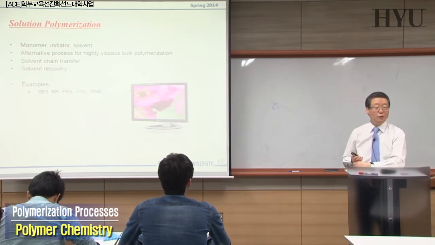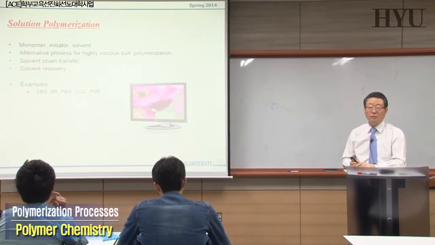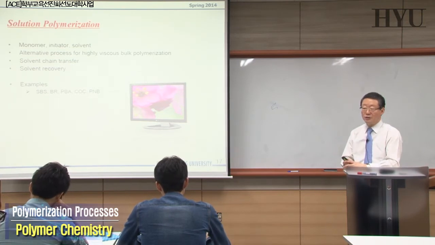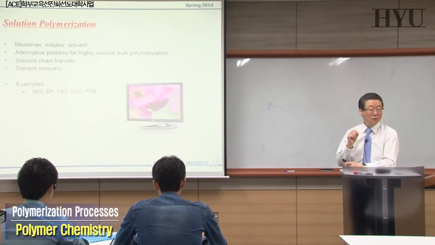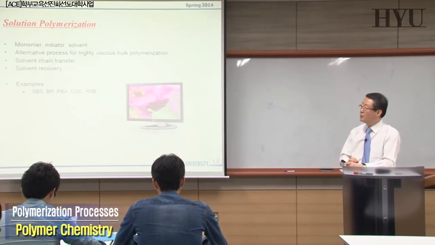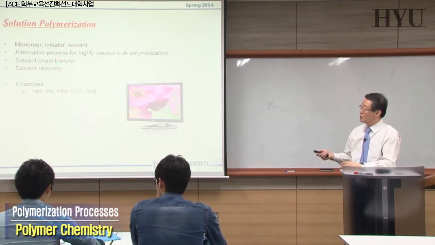But one of the issues is chain transfer to solvent, okay? Chain transfer to solvent. As you already know from the chain transfer section, there are many possibilities of chain transfer during chain growth polymerization reactions. Therefore, you have to be very careful about this solvent chain transfer.